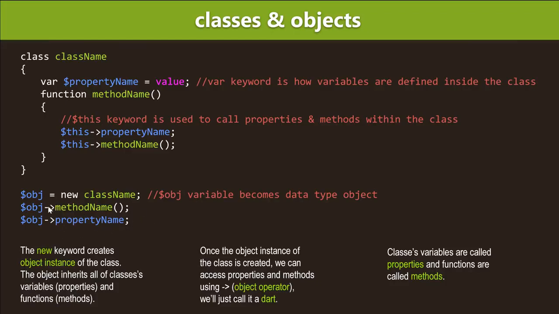Okay, so let's move on, and let me define a simple class called game. Class game, curly brackets. Now inside the class I'm gonna define a bunch of properties and just one method.